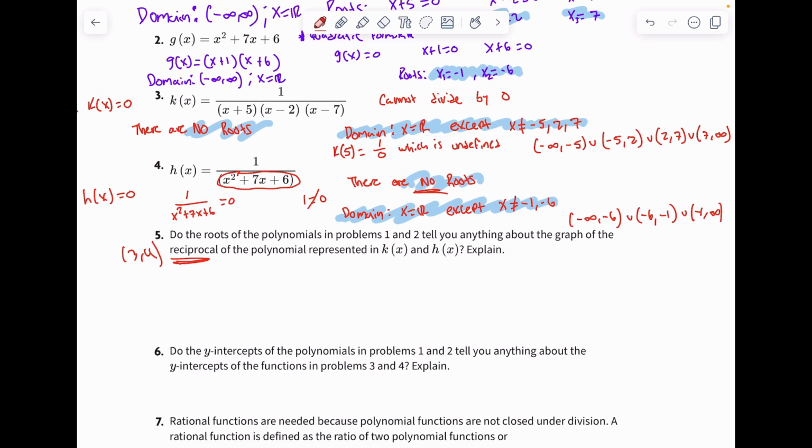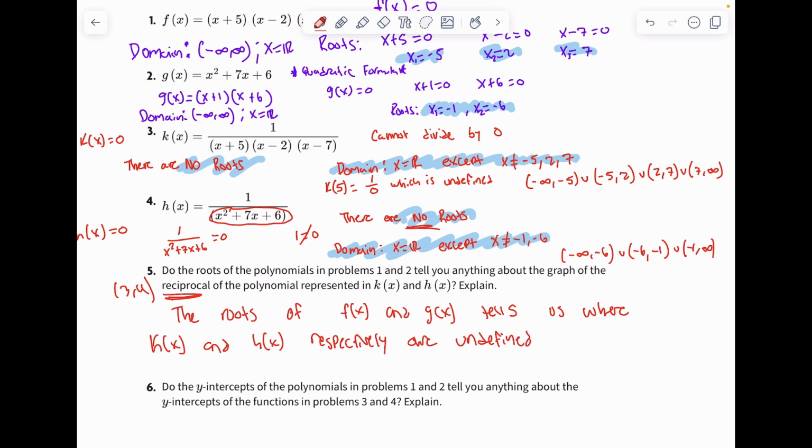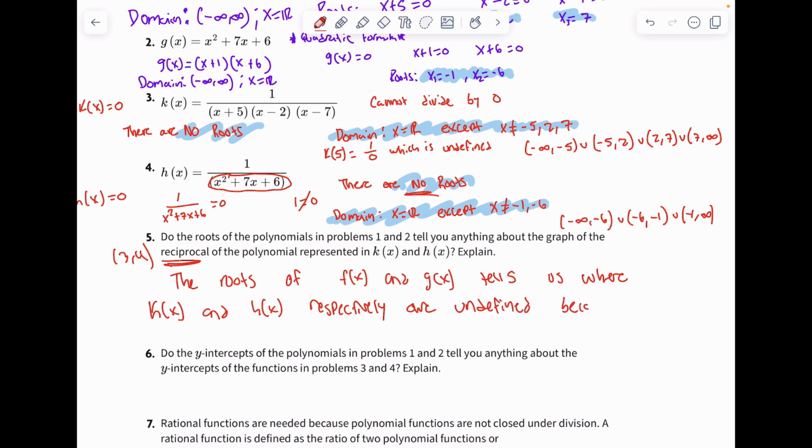I hope you're able to realize that the roots of f of x and g of x tell us where k of x and h of x respectively are undefined, because we would be dividing by 0.